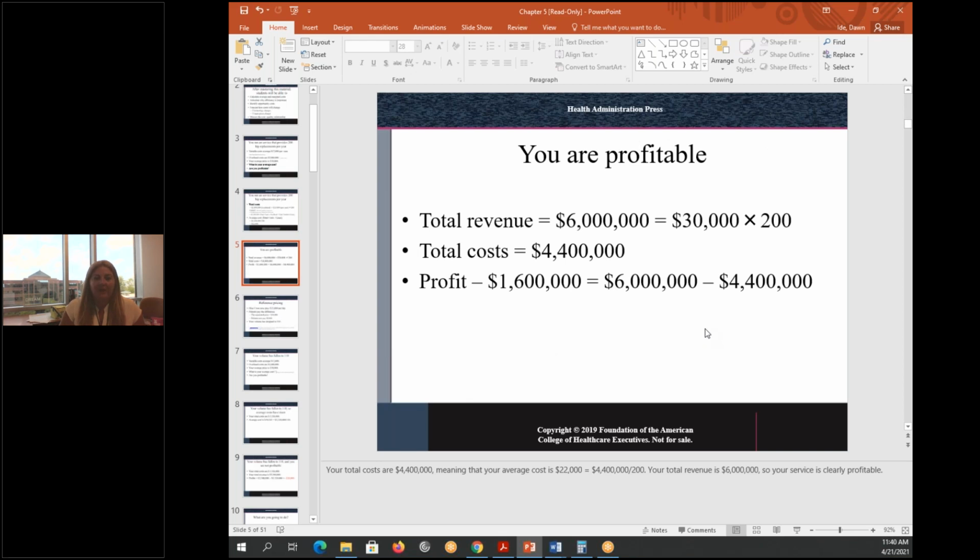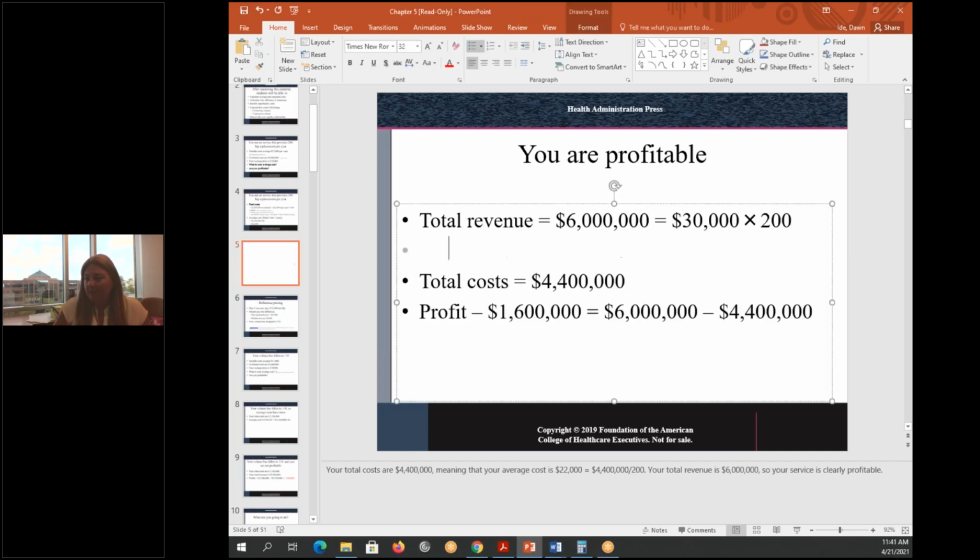So in order to figure out if we were profitable, we have to figure out what our total revenue is, right? So in order to do that, and I'm going to break this down even further again, you're going to take the cost of one hip replacement, which was $30,000, and you're going to times that by the 200 cases that we did in a year.